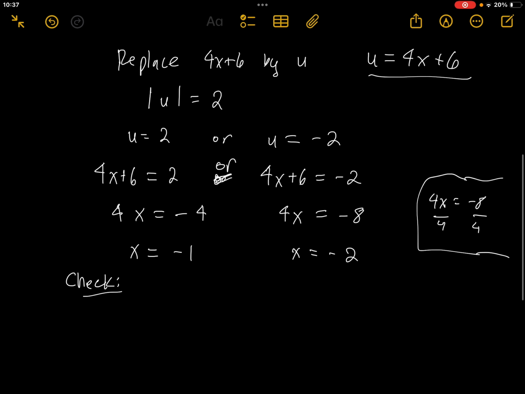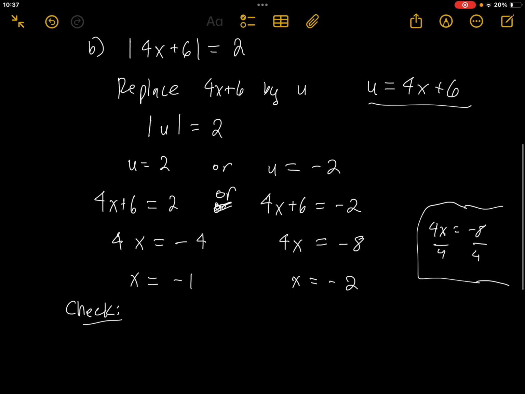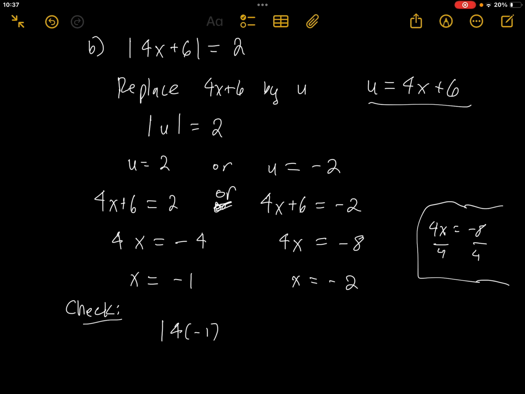What we're doing is we are trying to see if negative 1 and negative 2 both make the original equation come true. Well, the original equation is the absolute value of 4x plus 6 equals 2. So we ask ourselves, is it true that when you plug in negative 1 for x on the left, it is equal to the thing on the right?